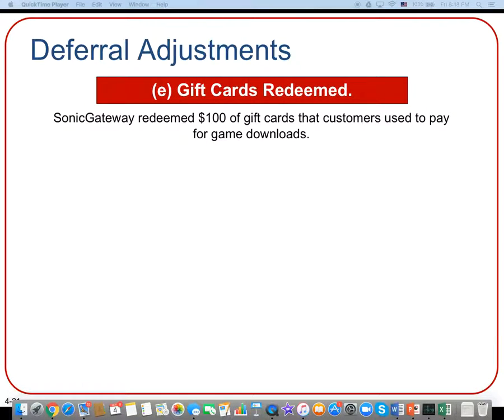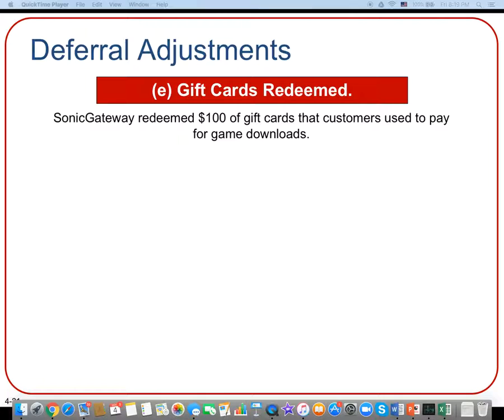So now another deferral adjustment. The example that we used in chapter 3 for gift cards, remember? When a customer comes into your store, they buy a gift card. When they buy a gift card, they give you cash.